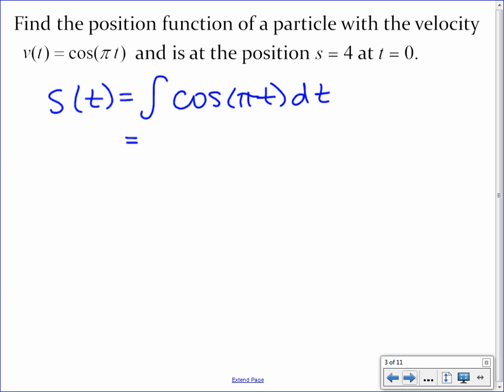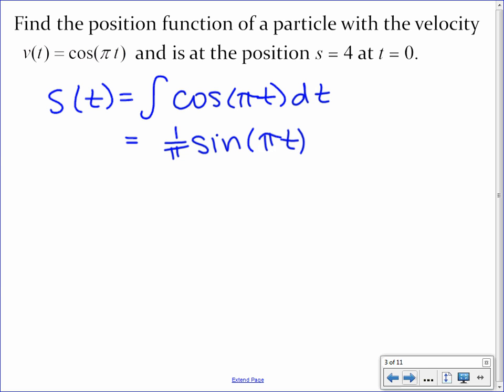First of all, what's the antiderivative of cosine? Positive or negative? Good. Now I have a constant in front of my t inside, so how do I account for that? We divide it out in front, right?